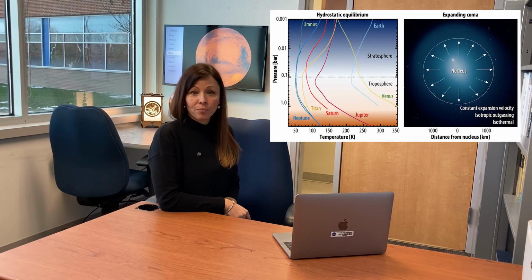The Atmosphere and Surface window appears when clicking on the Change Composition button. In this section, you can define the parameters referring to the atmospheric and surface composition of the object you are studying. Any parameter defined in this section will appear in the configuration file under the label Atmosphere and Surface. The user can also select between two main atmospheric models: the expanding coma, that is generally adopted for targets like comets, or the hydrostatic equilibrium, which is typical for planets. Once the atmospheric model is selected, its composition can then be defined.